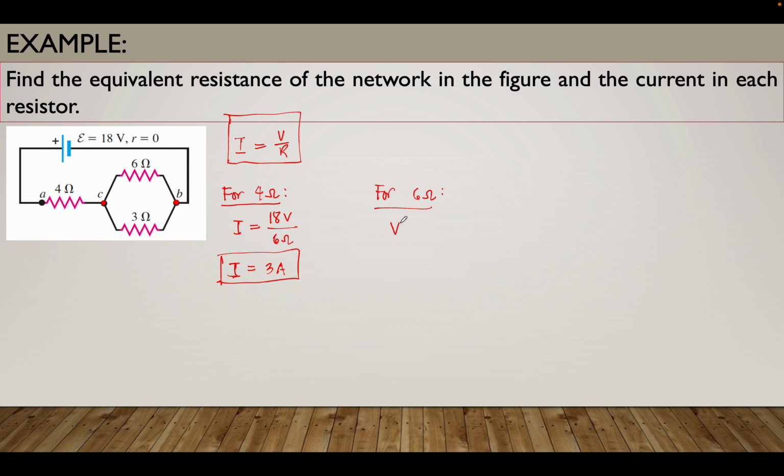So, we need to get first the voltage from point C and B. So, using the Ohm's law, we have I times R. So, the current, the potential difference.